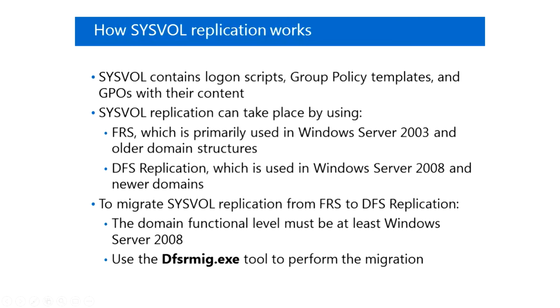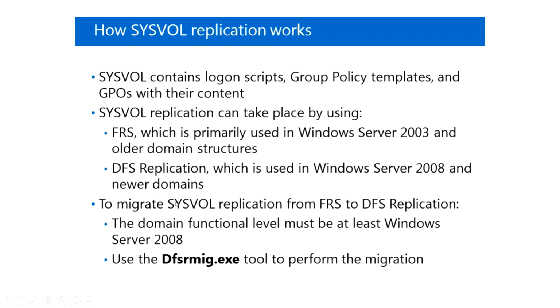And next we'll see the SYSVOL replication. Basically the SYSVOL contains the logon scripts, group policy templates, and the group policy objects with their content. The SYSVOL replication can take place by using FRS and DFS. FRS was primarily used in Server 2003 and the older domain structure, and DFS, Distributed File System replication, is used in 2008 and the newer domain systems.